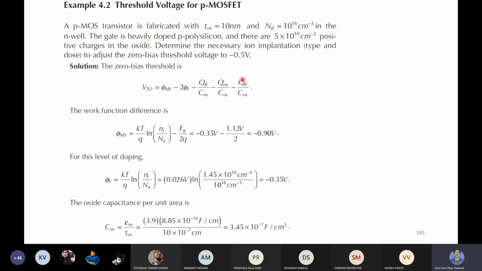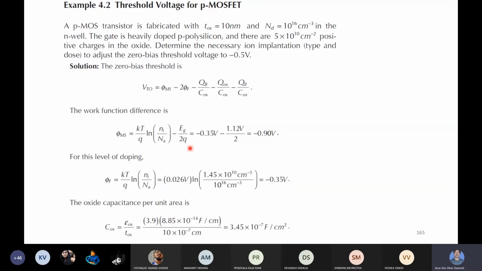There is also another method for phi ms, generally for a polysilicon gate: kT by q ln ni by na minus Eg by 2q. Instead of calculating the Fermi potential, it is also possible to calculate this phi ms, the metal and semiconductor work function difference, by kT by q ln ni by na minus Eg by 2q. So we can use this method also.